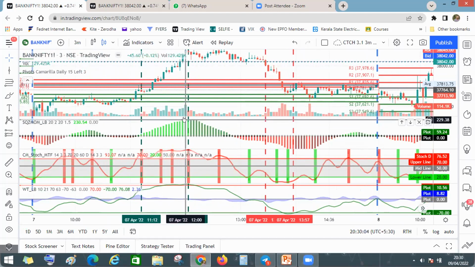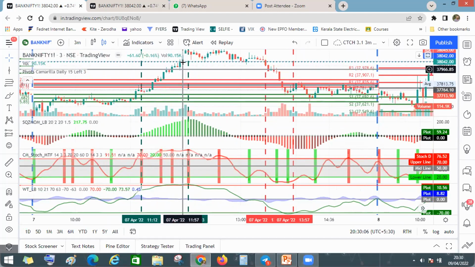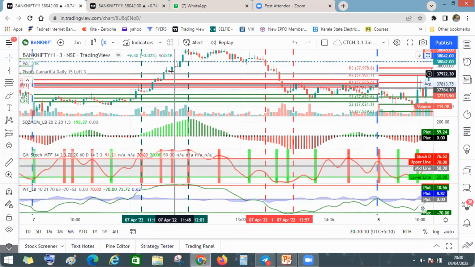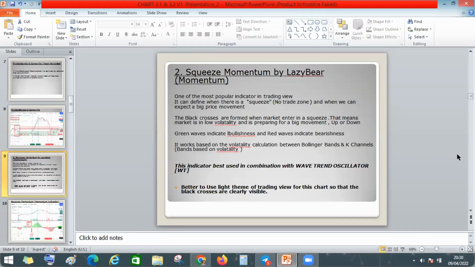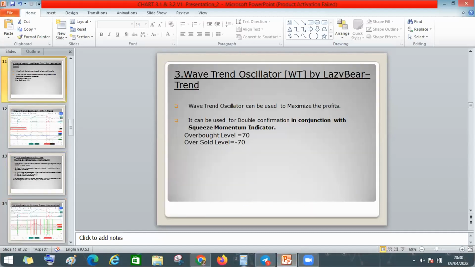The momentum is going up. The market is also moving up, and there is an uptrend. Okay, so that's all about the squeeze momentum indicator. Next, we will go to the next indicator.